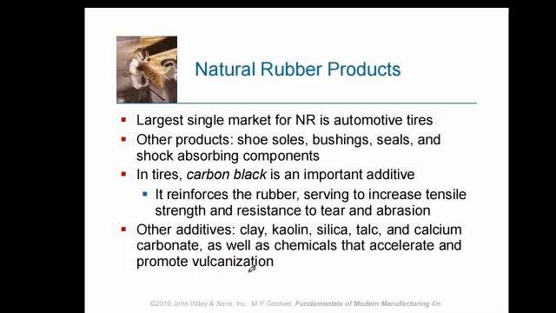So we said other additives which are added to natural rubber products include clay, kaolin, silica, talc, and calcium carbonate, as well as other chemicals that accelerate and promote the process of vulcanization.